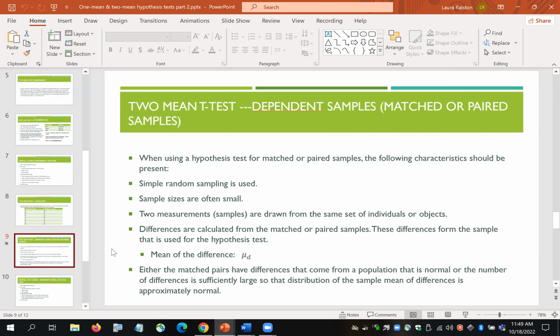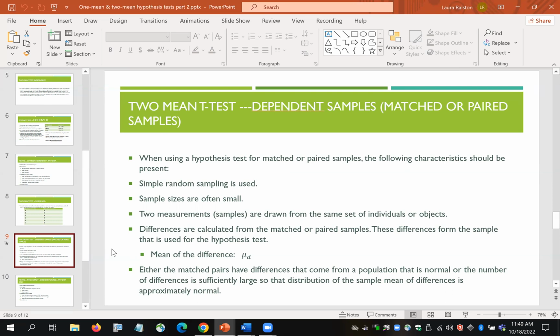So the difference with the dependent samples is you're using one population and one variable. You're collecting the same information from the same group of people at two different times. Remember, this was like pre-test, post-test, or before a new coach, after a new coach.